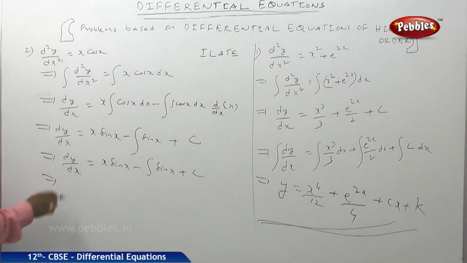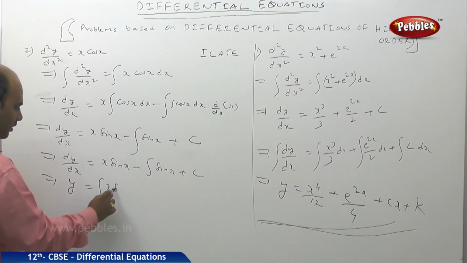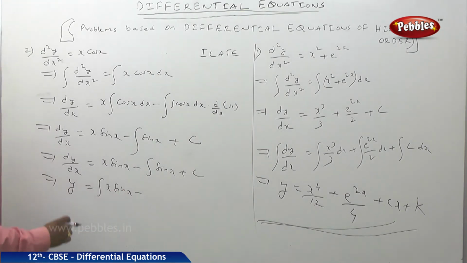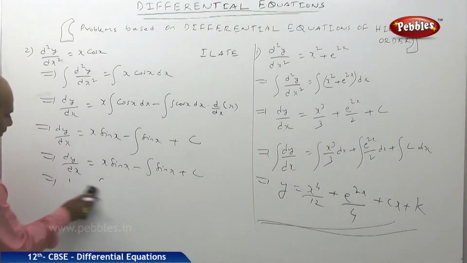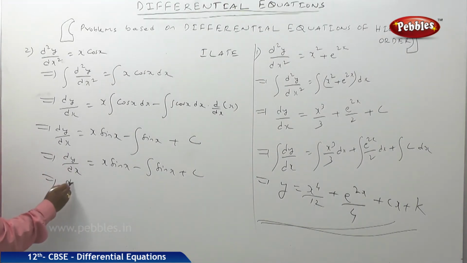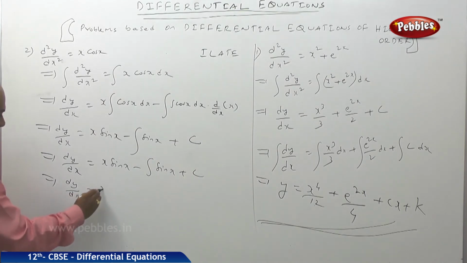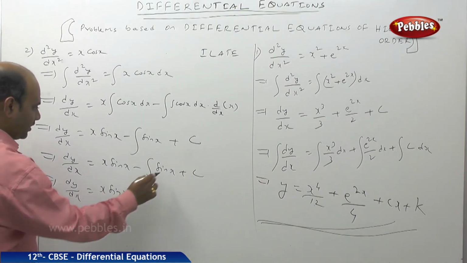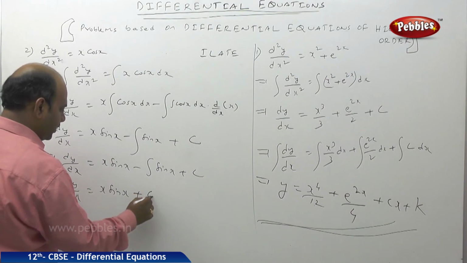Again integral on both sides. Integral on both sides means integral of dy by dx means y, and integral of x sin x. So I will be doing this for my convenience. Otherwise you people will be getting the answer dy by dx, x sin x. Integral of sin x will be minus cos x.